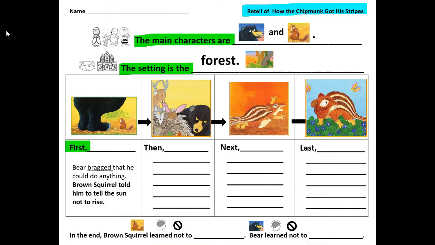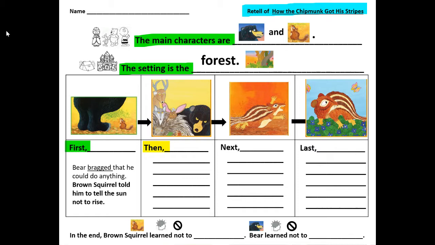First, Bear bragged that he could do anything. Brown Squirrel told him to tell the sun not to rise.